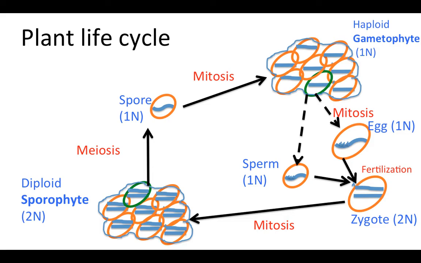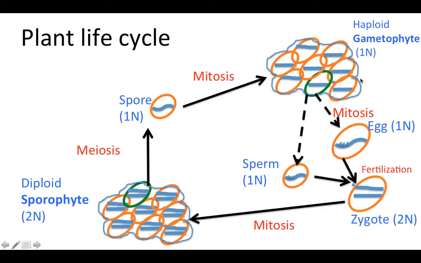You've seen this slide before. This slide shows a typical plant life cycle. I will go over it here, then we'll talk about how to modify it to represent a bryophyte and other terrestrial plants. Let's start with a spore. Remember, a spore is going to be haploid, or 1N, and a spore is going to go through mitosis, creating identical cells and creating, in this case, a multicellular organism. This haploid multicellular organism is our gametophyte.